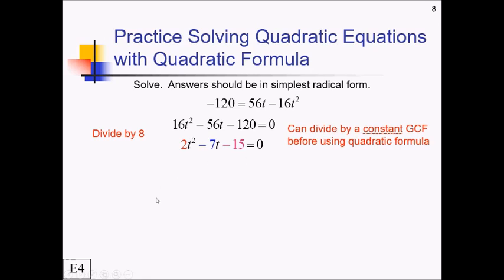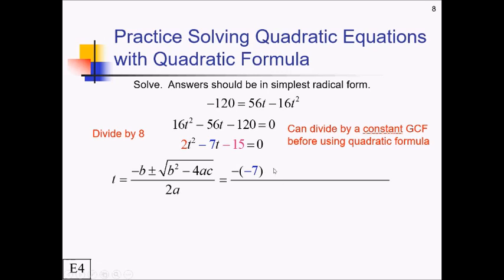All right, so here's that formula again. Plugging things in, we're going to have negative 7 for our b value out there, plus or minus square root of negative 7 squared, minus 4 times the a value 2 times the c value negative 15, all over 2 times our a value of 2.